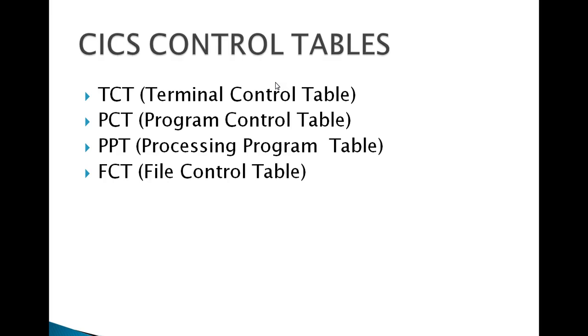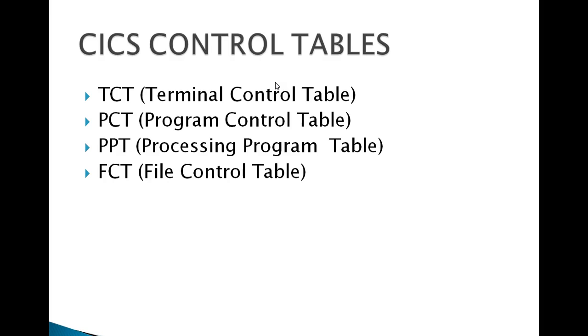Whenever any transaction is initiated, it first checks that the transaction exists in this control table and which program is related to it. Then it goes to the processing program table, where it checks whether the program exists and looks for the load module of that program. Then we have the FCT, the file control table.